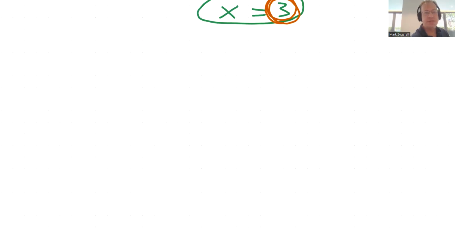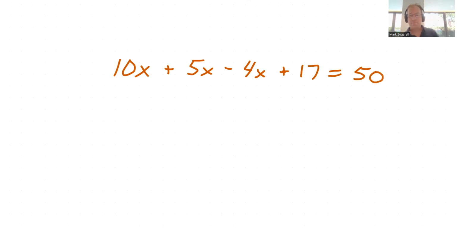One more problem like this. 10x plus 5x minus 4x plus 17 equals 50. Okay. So again, I'm guessing you can't just look at this equation and say, I know what x is.